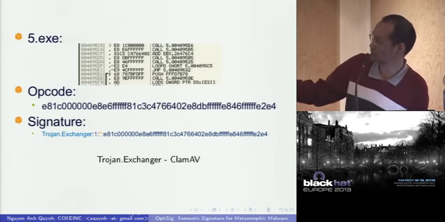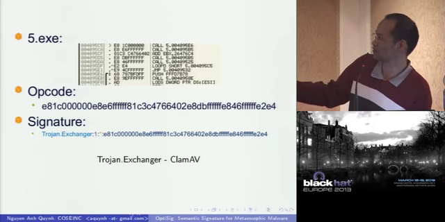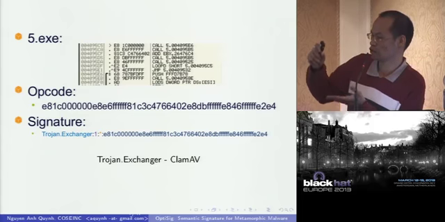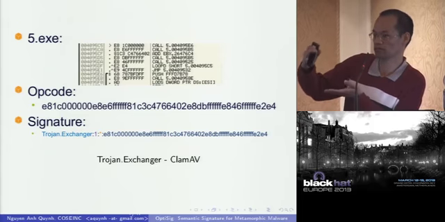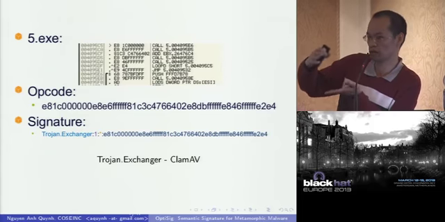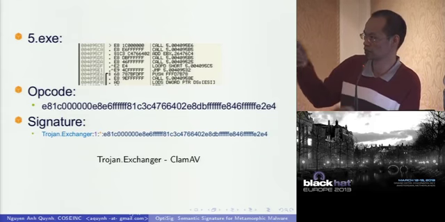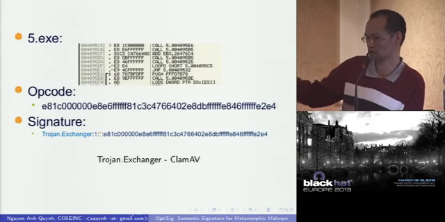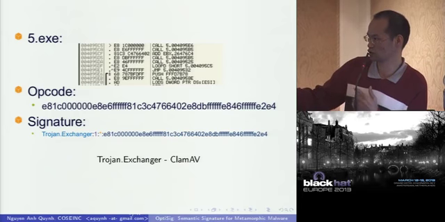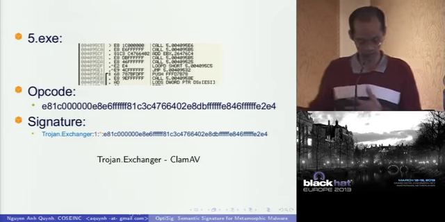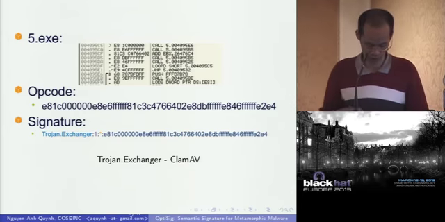So they take this code out and consider it a signature. So if you match this signature with a particular file, you can see that this file is this malware, and in this case a Trojan.Exchanger. So this is the signature for Trojan.Exchanger.